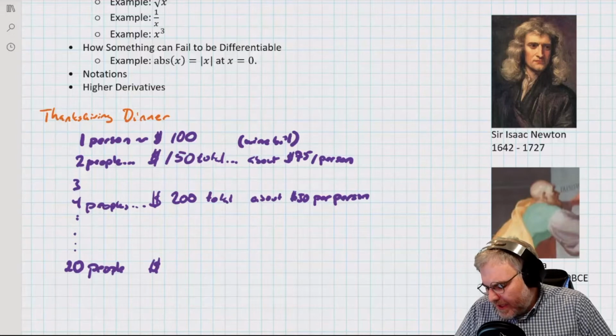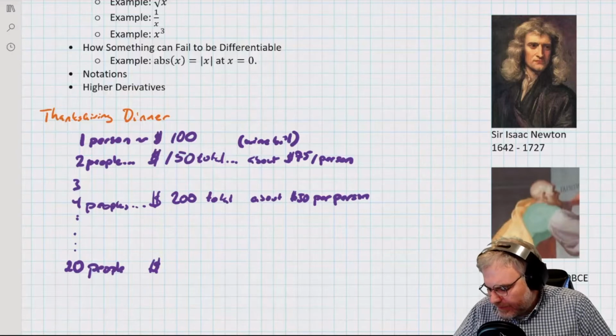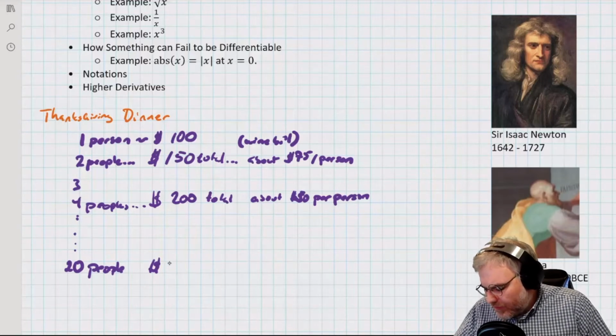We can maybe get away with $20 a piece for 20 people. Maybe we're doing $30 a person. Maybe we'll spend $40 a person. Oh, $30 a person. So we're going to spend like $600.